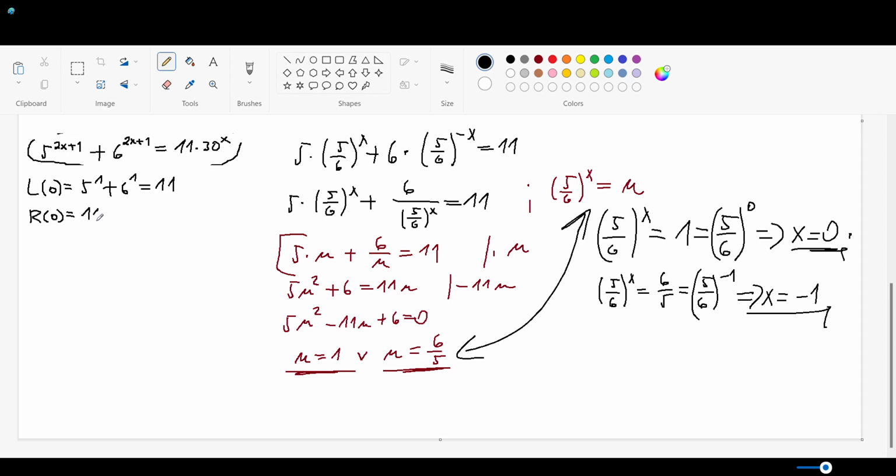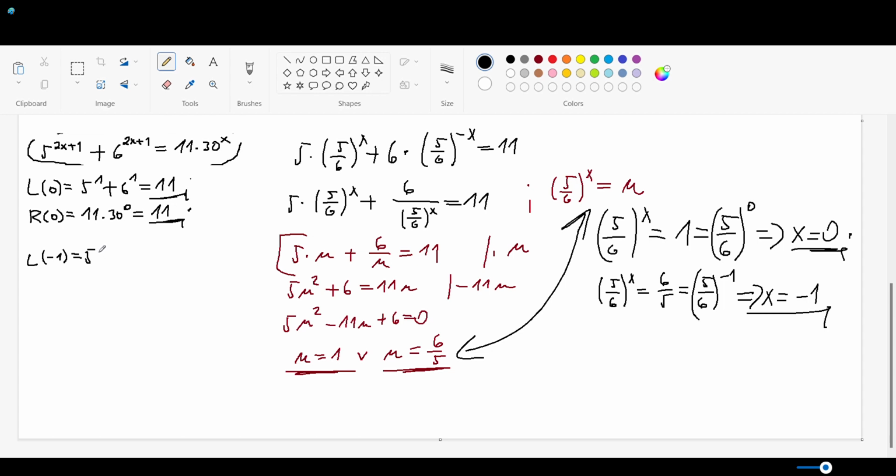And the right side for x being 0 is equal to 11 times 30 to the power of 0. 30 to the power of 0 is 1, so 11, which means the first root is correct. Let's do the check for the left side, x being -1.